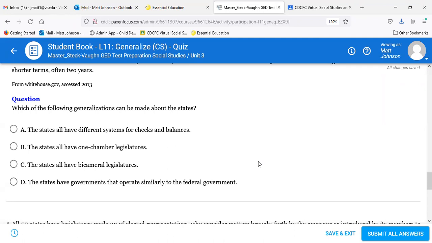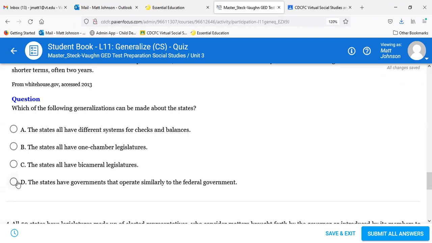C. The states all have bicameral legislatures. D. The states have governments that operate similar to the federal government.